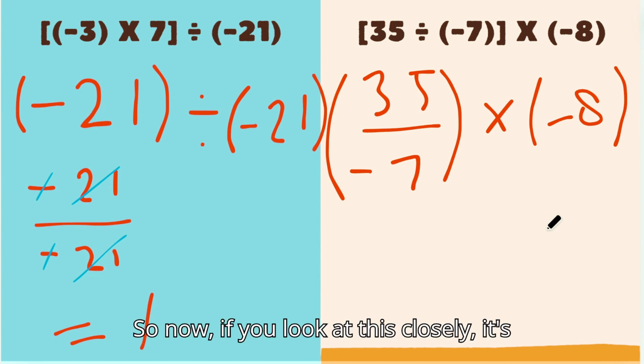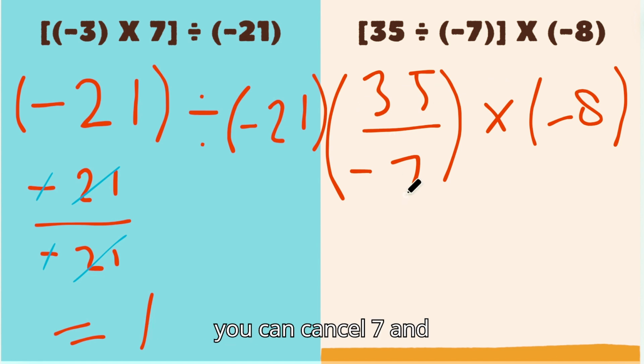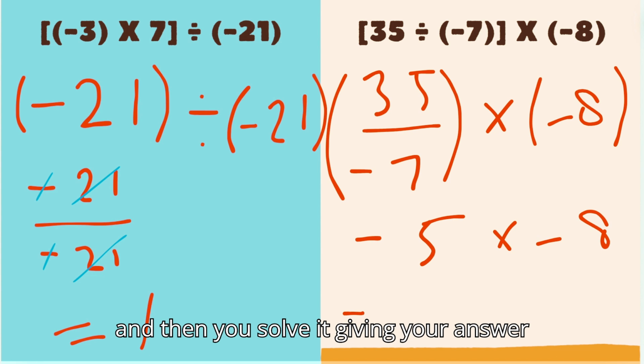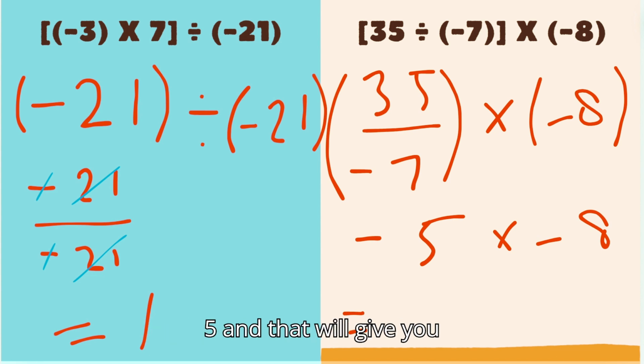Now if you look at this closely, it's up to you what you do first. Either you can cancel 7 and 35, so that will leave you with minus 5 times minus 8, and then you solve it, giving your answer positive. Then you multiply 8 times 5, that will give you 40.